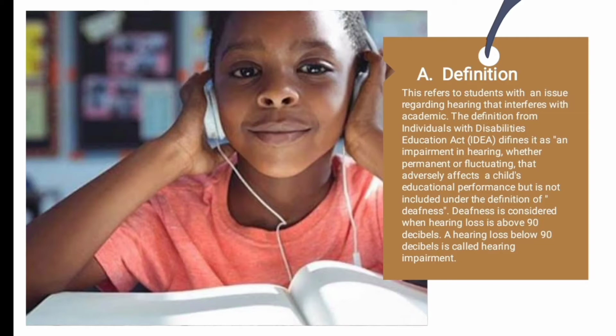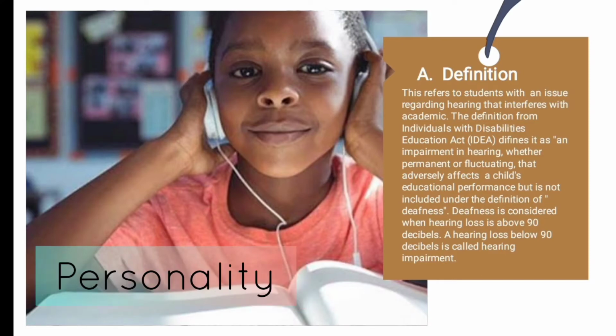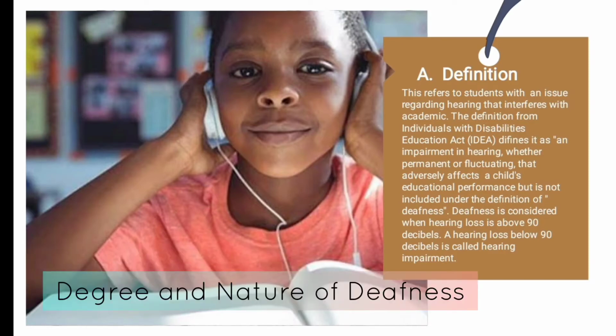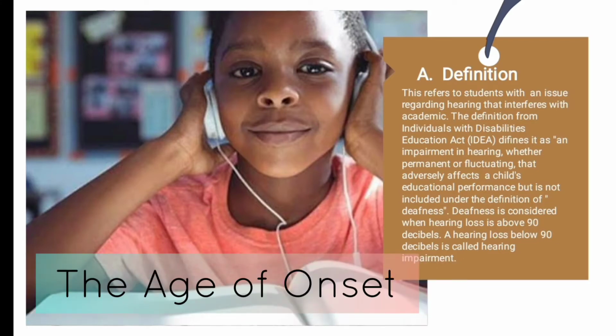So the main challenge of hearing impaired students is communication, since most of them have varying ways of communicating. So naay mga factors na makaapekto sa pagdevelop sa communication skills sa mga bata. So first is the intelligence, personality, the degree and nature of deafness and residual hearing, family environment, and the age of onset.